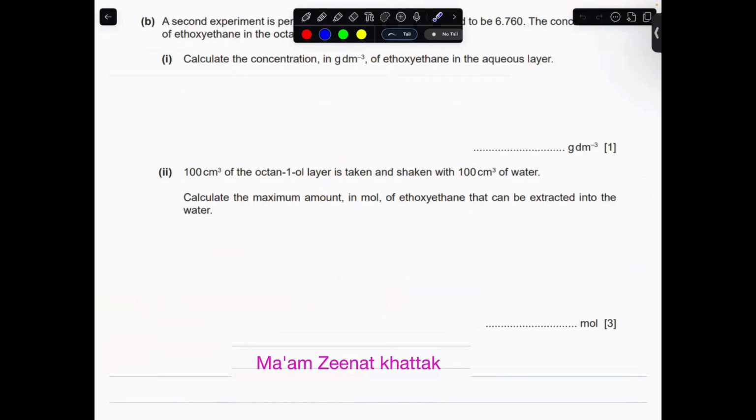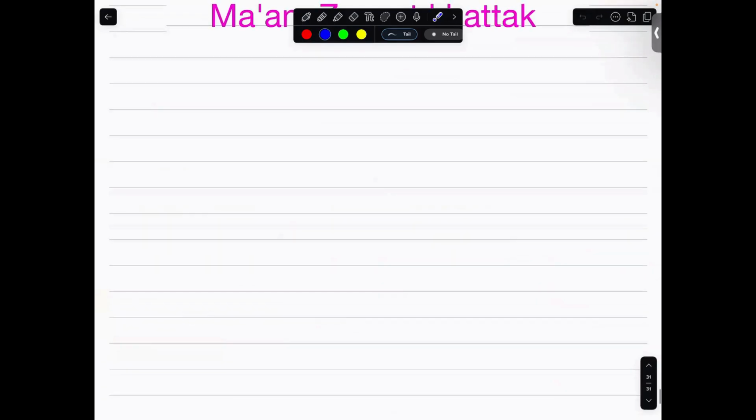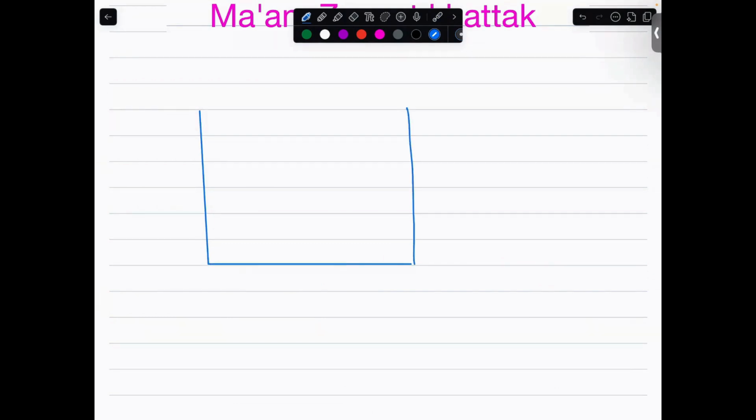So if I explain KPC, what we are supposed to do is, suppose this is a container in which there is one solvent.